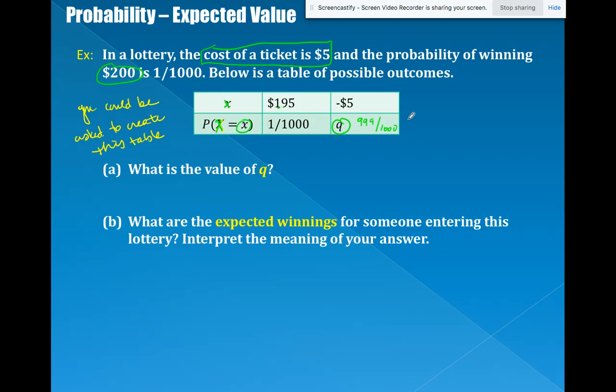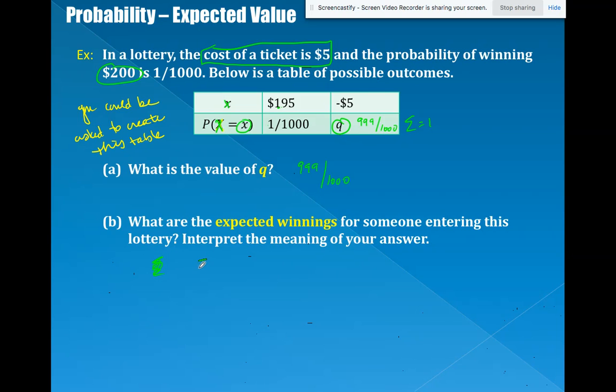Because these two have to sum to 1, the sum of just this row, the probability row. So what are the expected winnings for someone entering this?